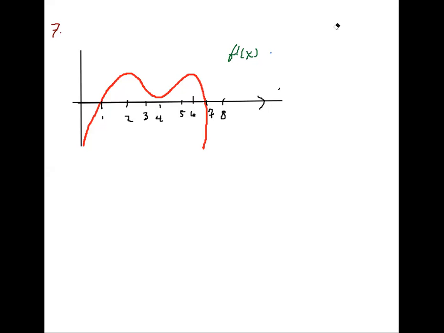Actually, you're thinking about it in the right kind of way. So what if instead, I'm going to skip to the next problem actually. I'm going to say, what if this is f double prime of x?